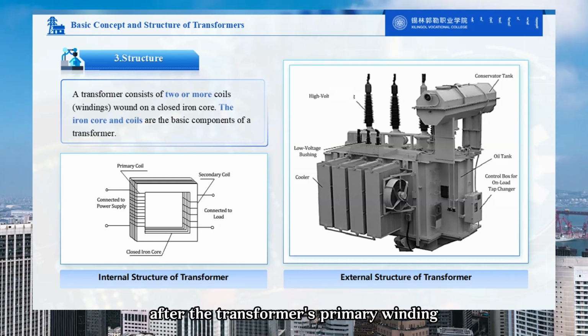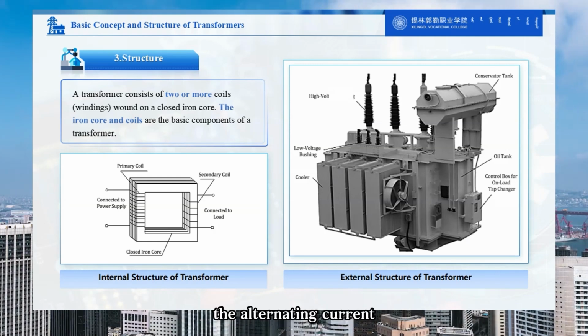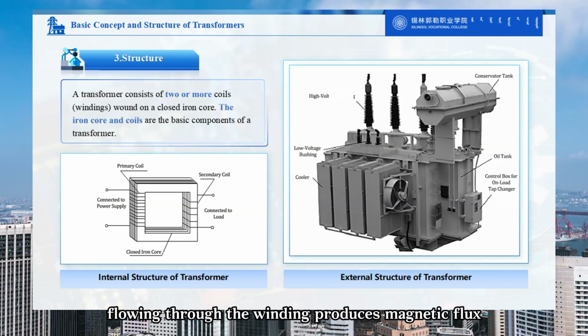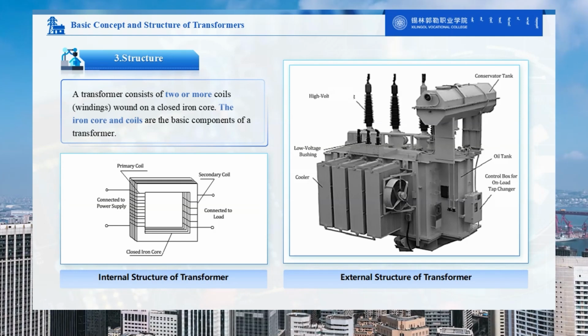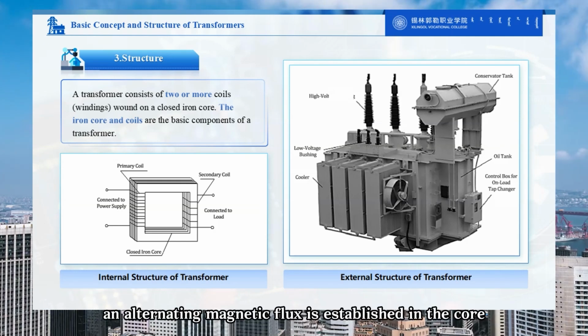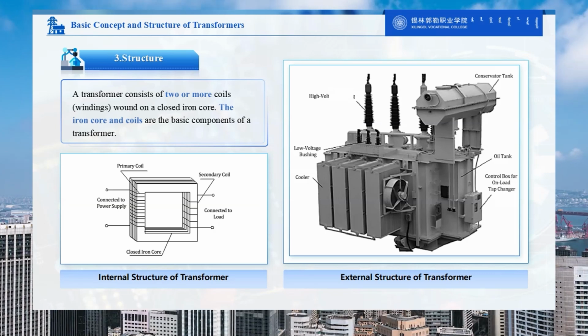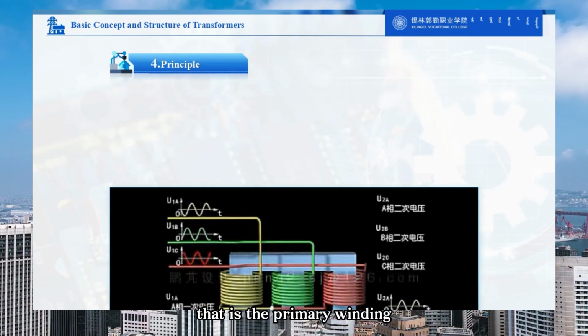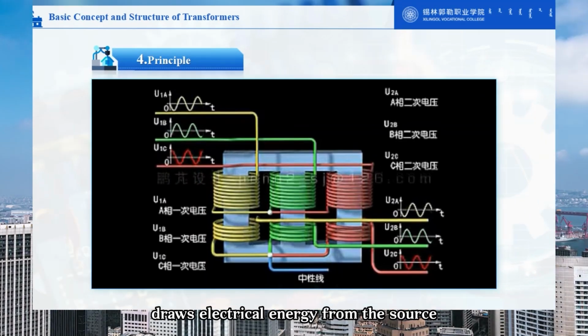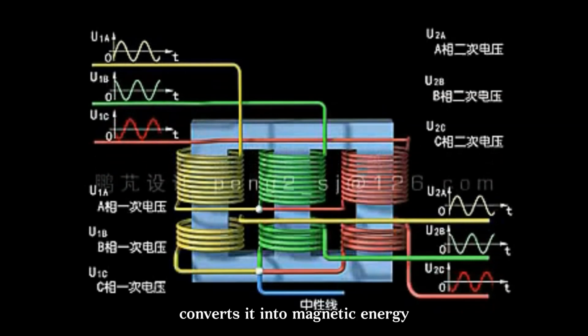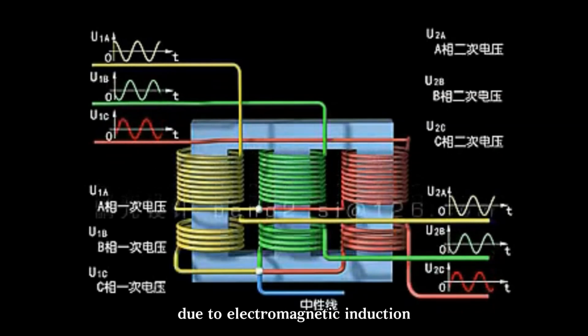After the transformer's primary winding is connected to an AC power source, the alternating current flowing through the winding produces magnetic flux. Under the influence of this flux, an alternating magnetic flux is established in the core. That is, the primary winding draws electrical energy from the source and converts it into magnetic energy due to electromagnetic induction.